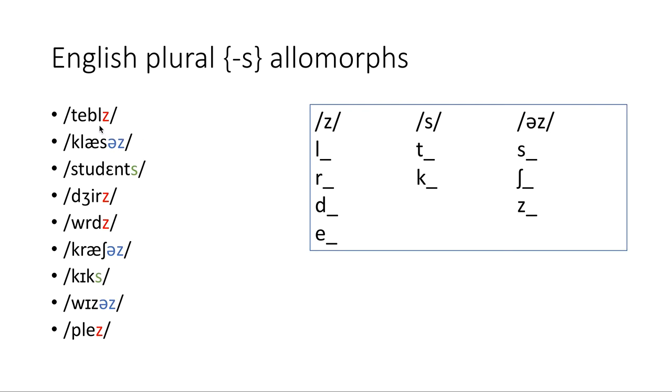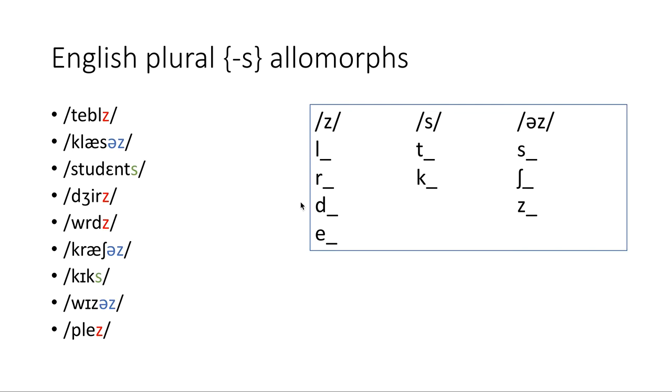So what I've done here is taken each instance of each allomorph, and I've written down the phoneme that immediately precedes, that is, comes before the allomorph. Okay, so I've taken each one. So this has an L before it, and that goes in the Z column. This one has an S before it, and that goes over here in the iz column. This one has a T before it, goes over here in the S column, and so on.